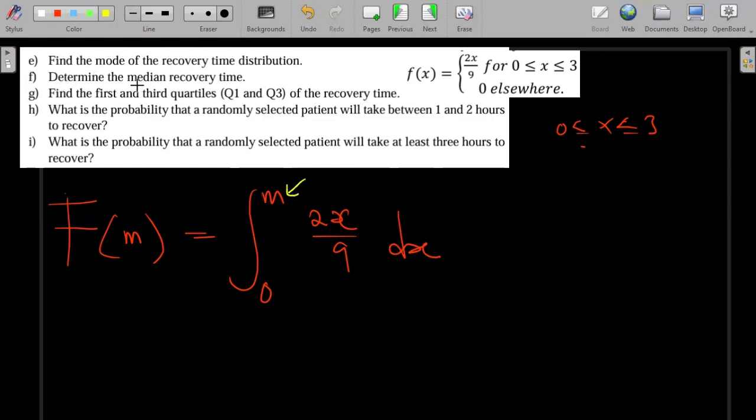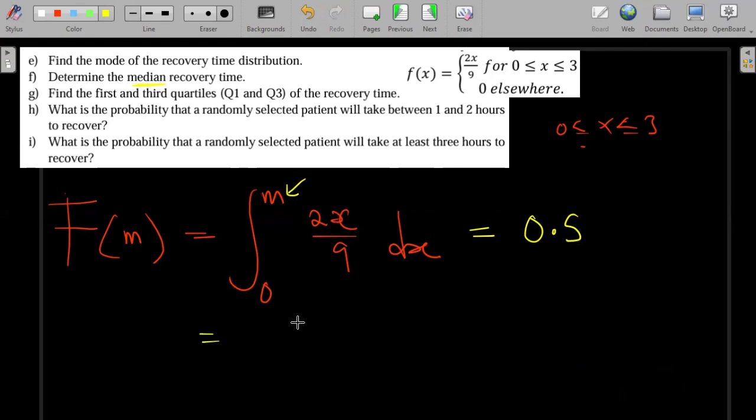So we know that the median is the value that divides the data into 2 equal parts, right? So if I'm finding my median here, it means that my CDF should equal 0.5. That's how we're going to find this m. Now let's integrate this part and equate it to 0.5 and find the value of m.